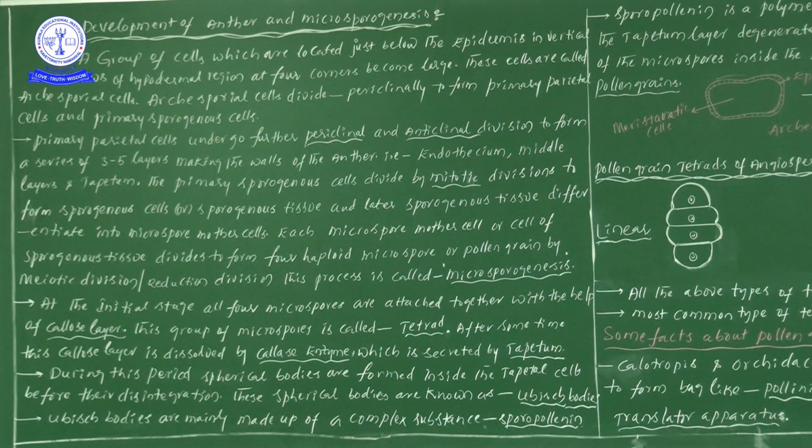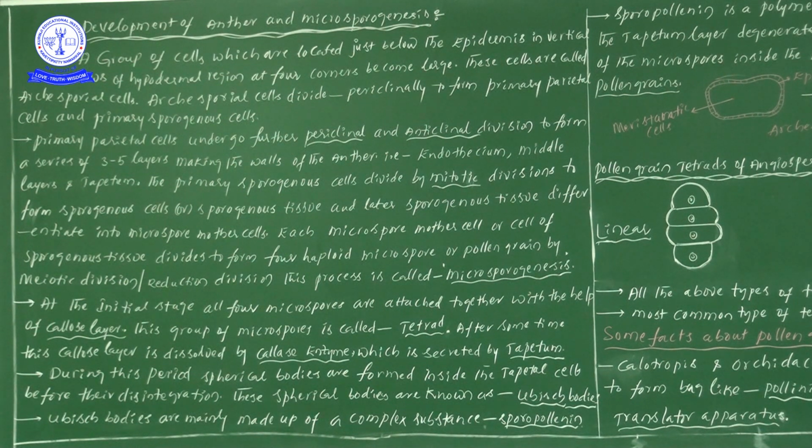Now first point, a group of cells which are located just below the epidermis, in vertical rows of the hypodermal region at 4 corners become large.